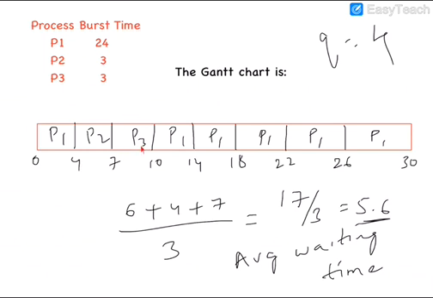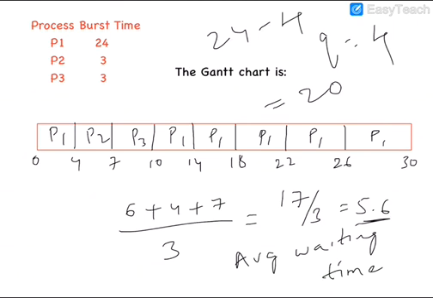P3 is assigned to the processor and finishes in 3 units of time. So the total becomes 10. Now P2 and P3 have finished. The only process left in the ready queue is P1. P1 had a requirement of 24, but it has worked for 4 units of time, so the remaining time is only 20. That is, P1 now requires 20 units of burst time to finish its work.